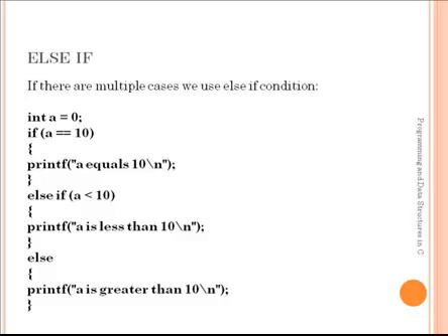This condition is false. So the control will go to the next statement, that is if x less than y. Here it will check this condition. The condition is 15 less than 25. The condition is true. So it will assign 10 to x. The value is 10.